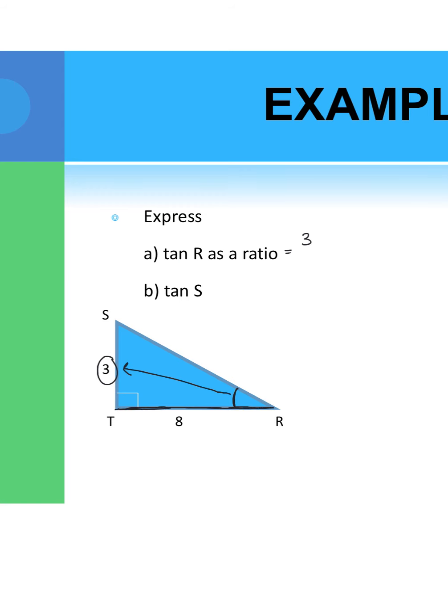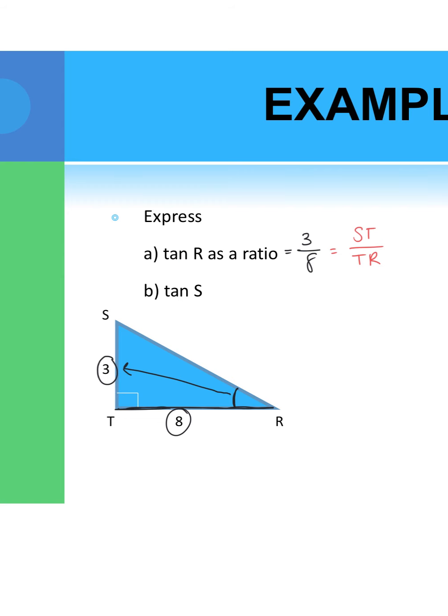So the reason we're picking RT, which is 8, and not RS, is because RS is our hypotenuse, okay? You must use both of the legs for the tangent ratio. I'll write this also in terms of its sides. This is ST over TR, okay? Remember, you should use both legs for the tangent ratio.